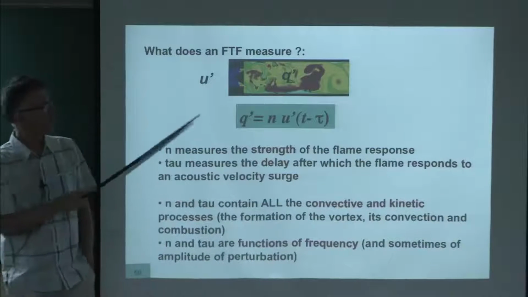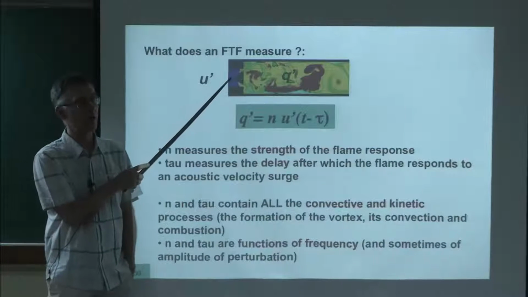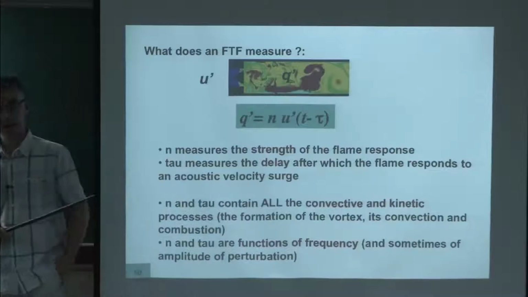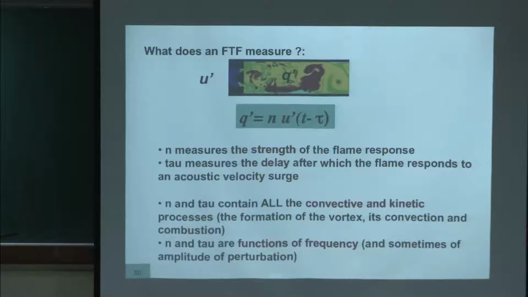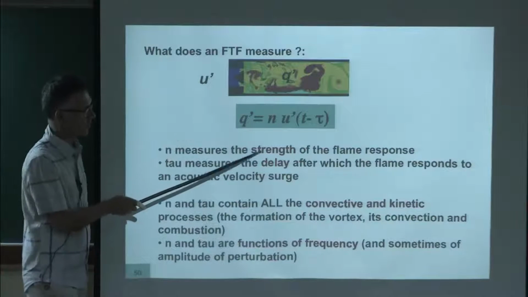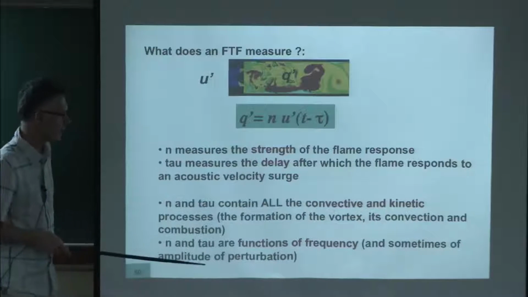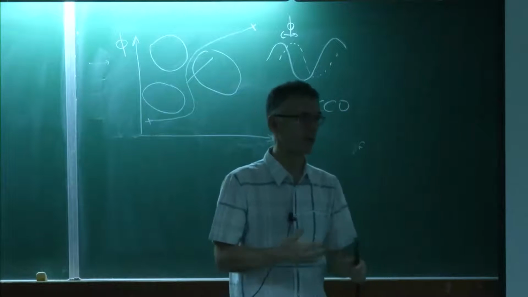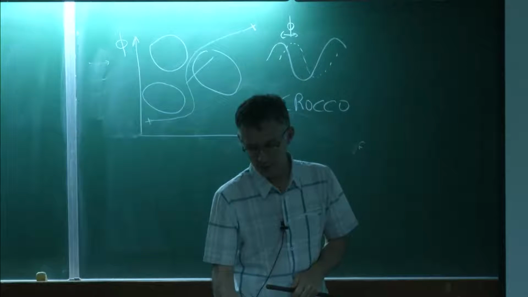It tells you if you create a velocity perturbation here, it will take tau milliseconds for the flame to react. And this tau, from control theory, it's easy to feel that it's going to control stability too. So n measures the strength of the response, and tau measures the delay of the response. And I repeat that this n and tau contain everything. They are functions of frequency too. If you do that at low frequency or at high frequency, you won't have the same result.